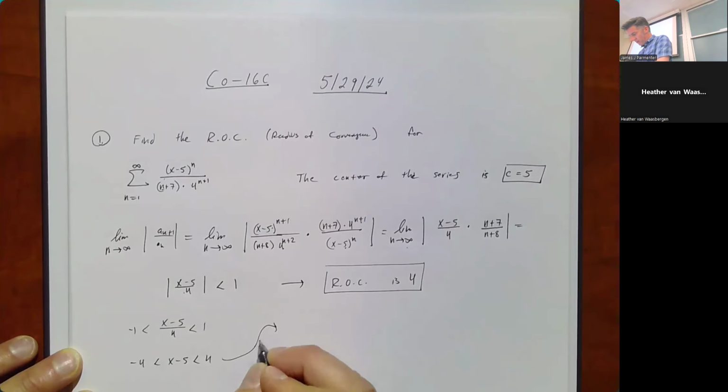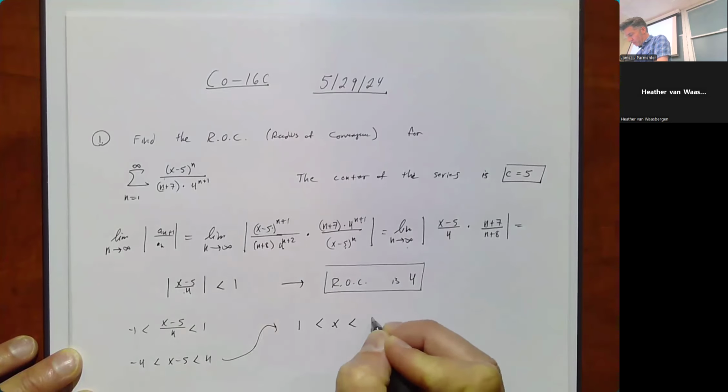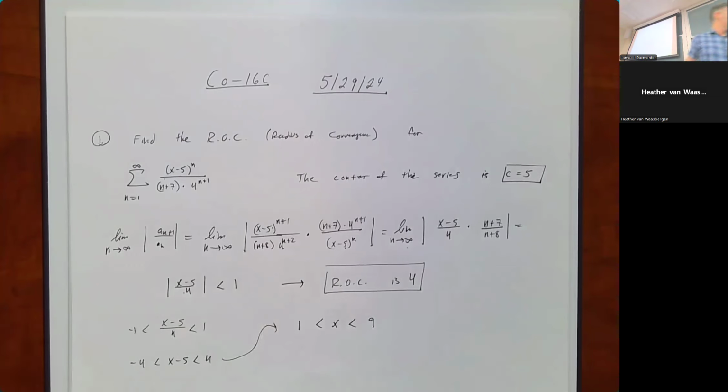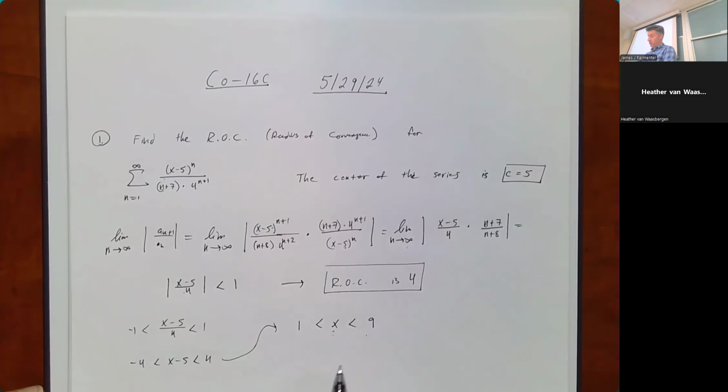And we add 5 to all parts of the inequality, and we get -4 plus 5 less than x less than 4 plus 5, which is 9. And clearly, the center of this interval is 5. And the radius, the distance from 5 to 9 is 4, the distance from 5 to 1 is 4, or the total distance from 1 to 9 is 8, and half the diameter, half of 8, is going to be 4.